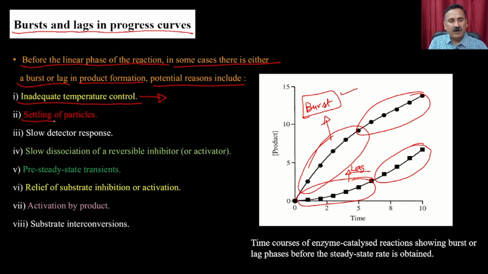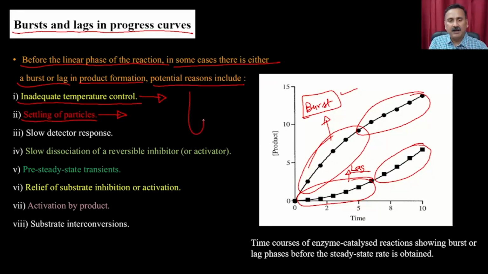Then sometimes when you are doing the reactions, the reaction components may not be soluble in the buffers, and they will keep settling during the reaction. Suppose this is a test tube, and I have taken the enzyme and all the components.